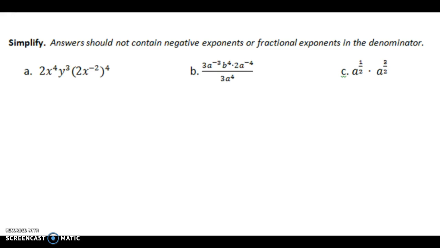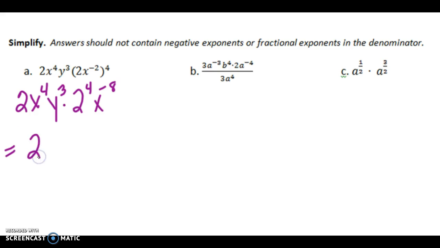All right. This is more simplifying a lot of the same things that we've done in the past. So we're going to do 2. We're going to take care of this business down here first. Okay. So 2x to the 4th, y to the 3rd, and I'm not messing with it. And it's going to be 2 to the 4th, x to the -8.